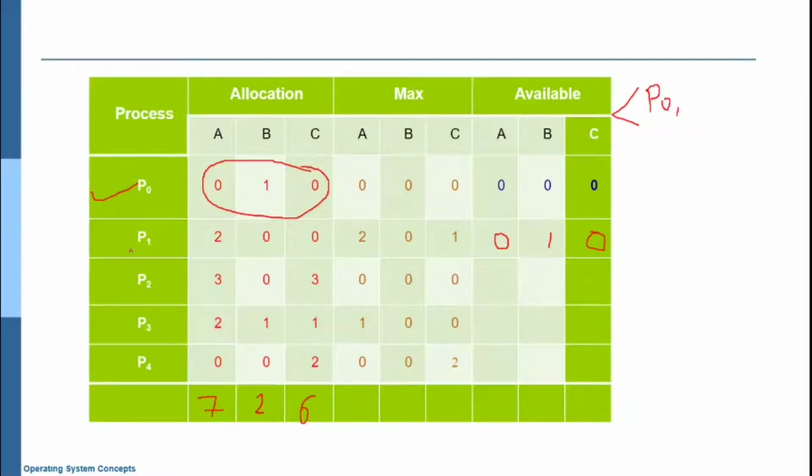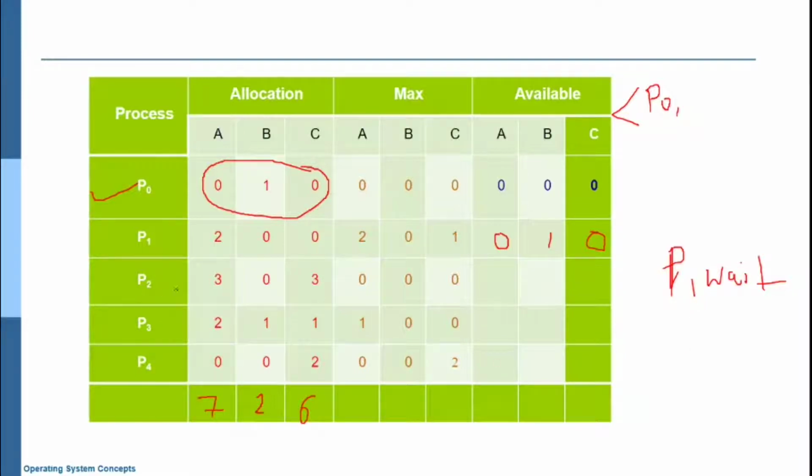So P1 has to move into the waiting state. P1 has to wait because what it has requested is not satisfied, since the available resources are very few. So it has to wait in the waiting queue.